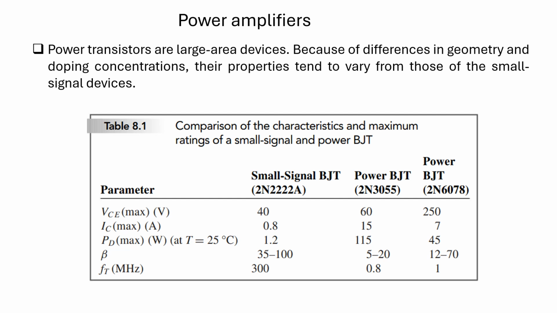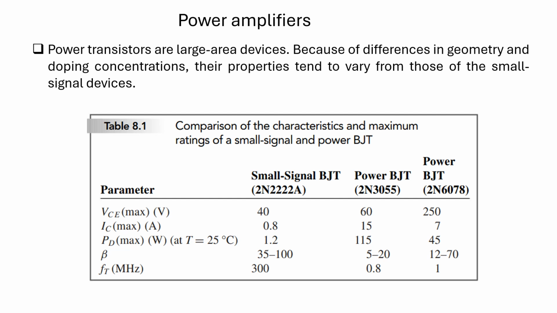VCE will be much higher, in the range of 100 to 150, maximum it may be 250 for the power BJT, that is 2N6078, while the maximum VCE is 40 for the small signal BJT. So it is almost 4 times higher.